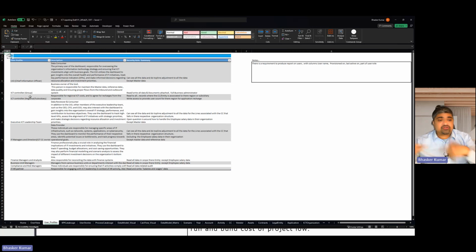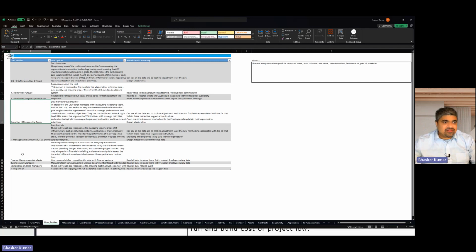Also during the recharge process, they play an important role. Then the executive ICT leadership team are the people who will define your organization structure. Business service, organizational structure, application, these things are very important for how you want to report within the ICT organization.